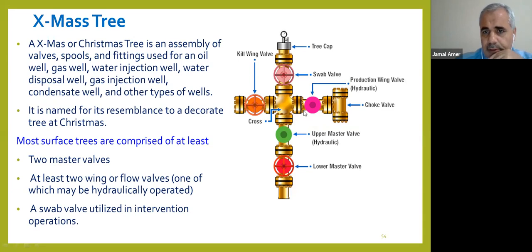So here we have the swab valve. The swab valve also should be closed after we finish. This valve is used only in cases where we have a wireline job or well intervention job.